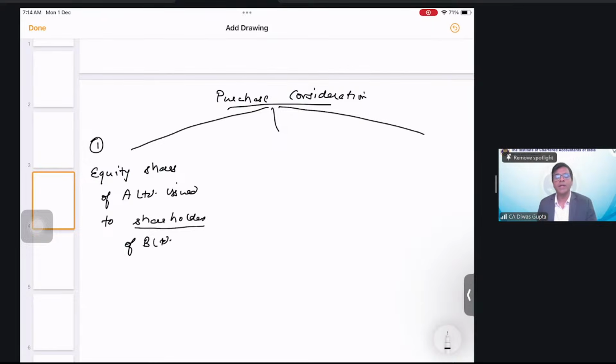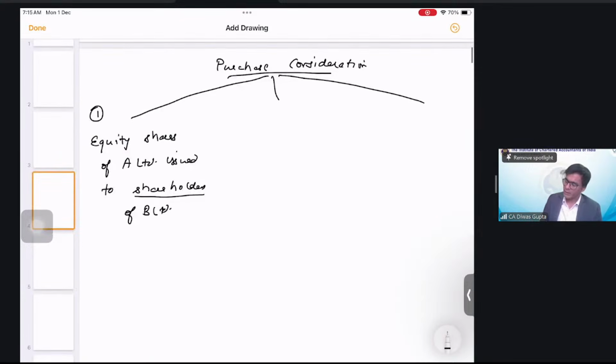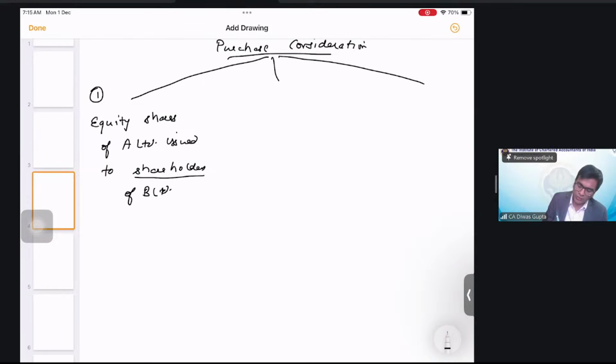You are issuing the equity shares of A Limited, which is the acquiring company, to the shareholders of B Limited, because ultimately they need to be compensated. You cannot issue the shares to B Limited itself because B Limited is getting merged. So you need to compensate the shareholders of B Limited. So you can pay your purchase consideration by way of issuing equity shares of A Limited.